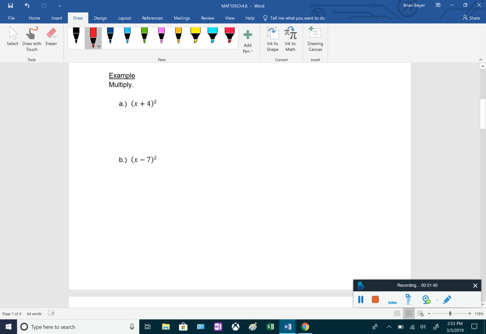So let's multiply these examples. So x plus 4 times x plus 4. Based on that shortcut above, it's going to be the first one squared, so x squared, plus 2 times them being multiplied together, plus the last one squared. So it's x squared plus 8x plus 16.